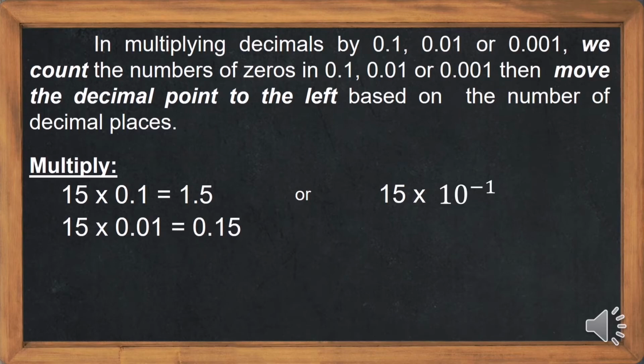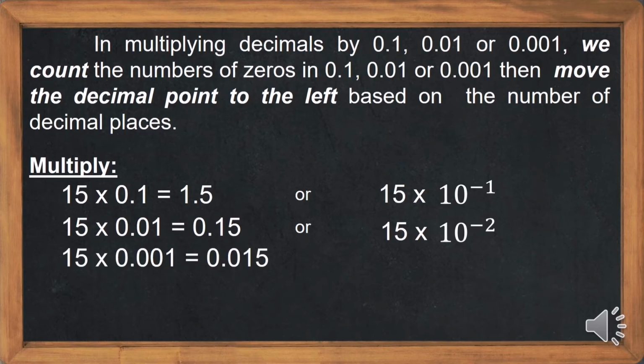And then, 15 times 0.01 equals 0.15, or 15 times 10 to the power of negative 2. 15 times 0.001 equals 0.015, or 15 times 10 to the power of negative 3.